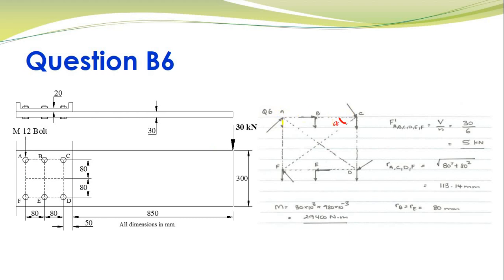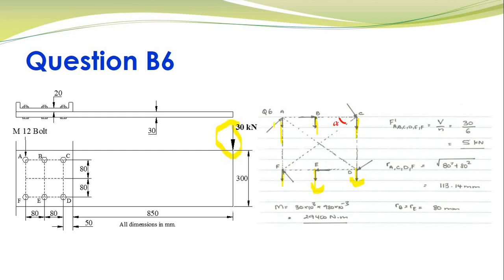So I've got my bolts A, B, C, D, E and F, and in this I'm representing my primary and secondary shear. Primary shear is in the same direction as your load. In this case the applied load is acting downwards, so you'll see that primary shear is acting downwards on all of these bolts. So these are your primary shear.